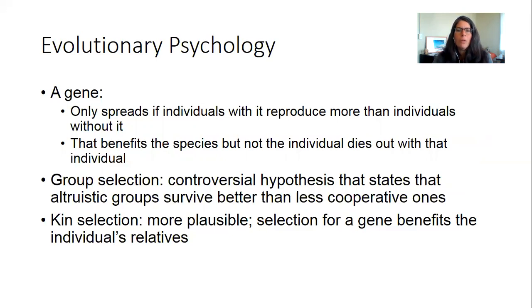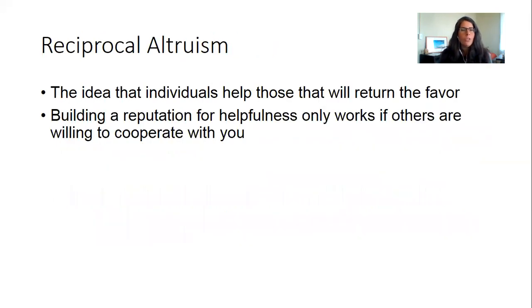So if we look at altruism as a function of the gene, reciprocal altruism is this idea that individuals that help others will have that returned as a favor. And why would that be advantageous? If I help somebody else, they'll help me.